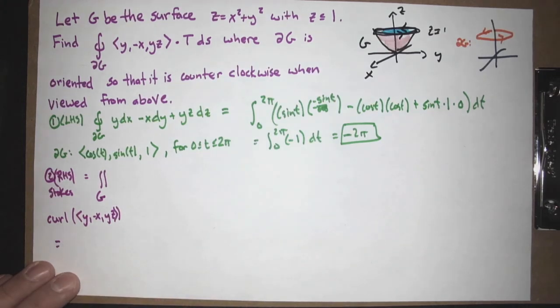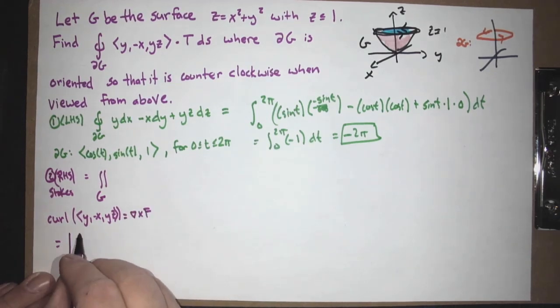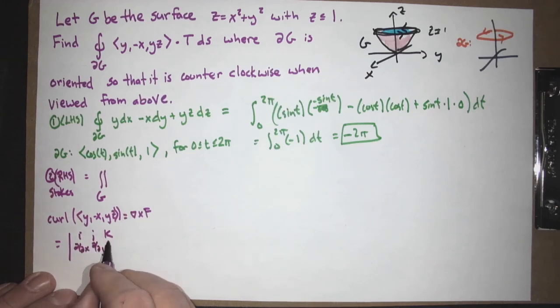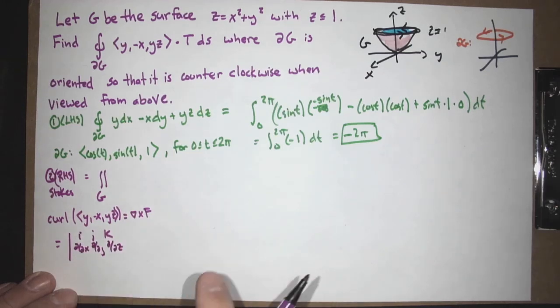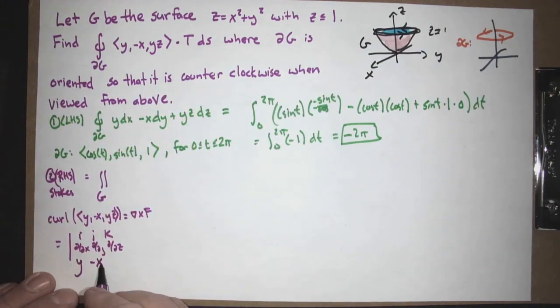How do you compute curl? It's a cross product. It's your del cross F. So you have your i, j, k, your partial x, partial y, partial z, and then you put in your entries. Our entries are y minus x, yz.